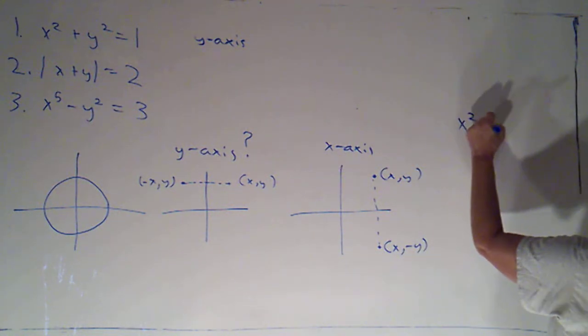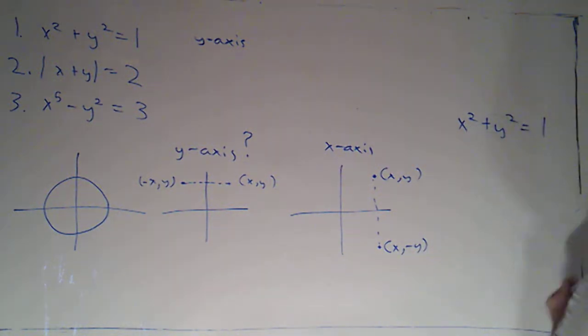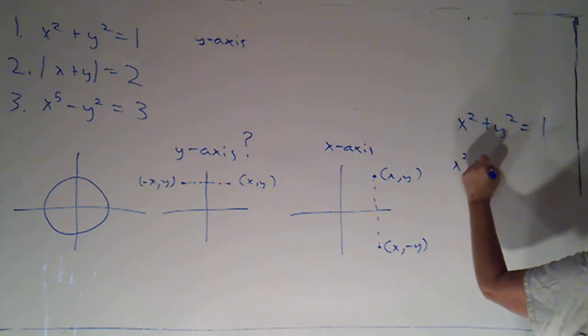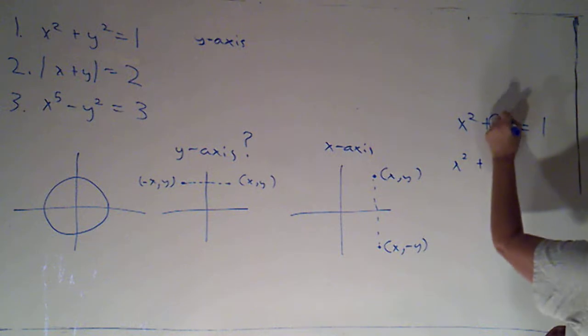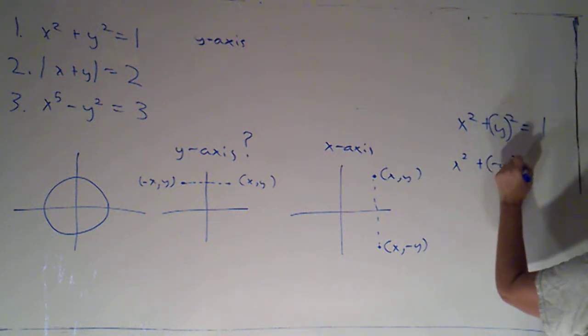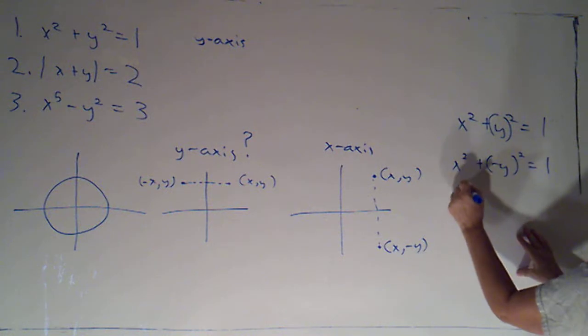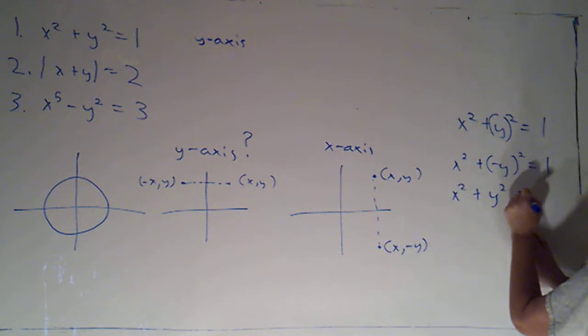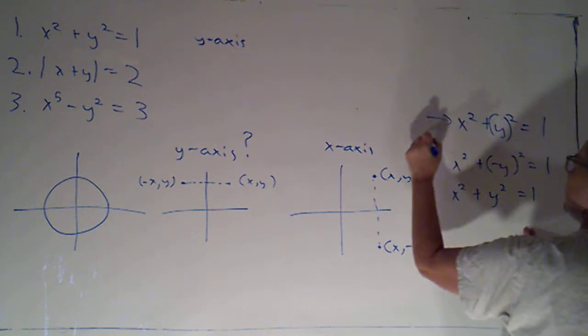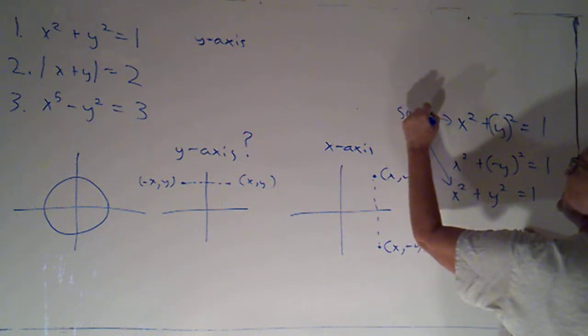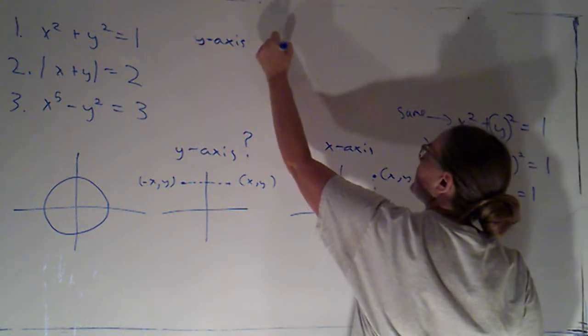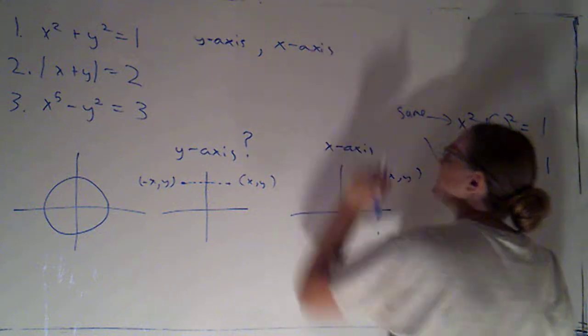So again, supposing that x, y is on the graph, that makes this equation true. Is it going to be true if I now replace y with the opposite of y? And when I simplify, even powers are going to get rid of that negative. So these equations are the same. So yes, this has symmetry about the x-axis.